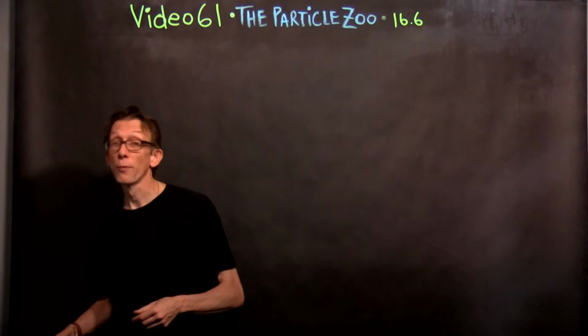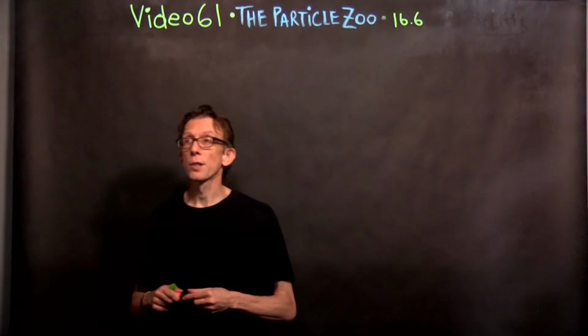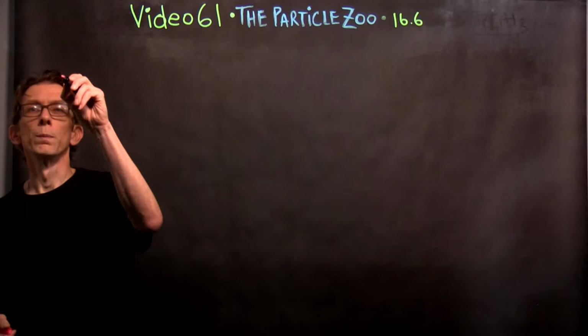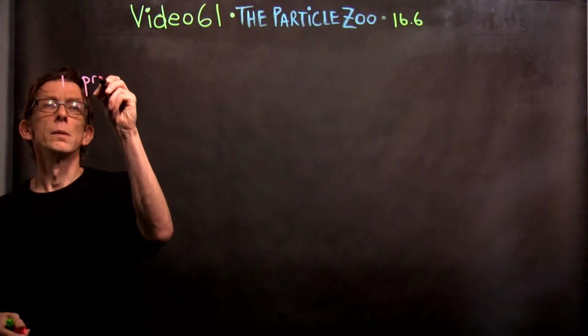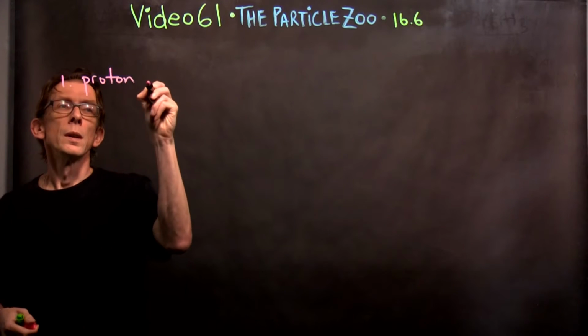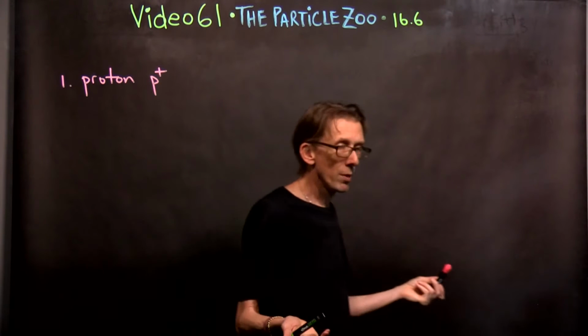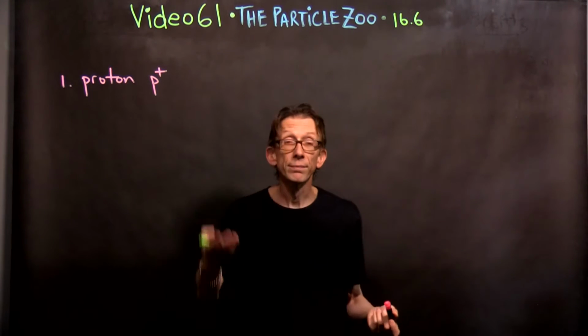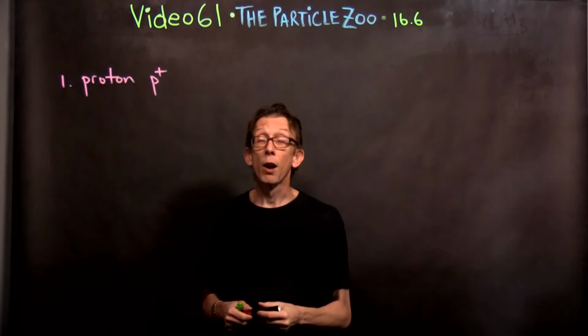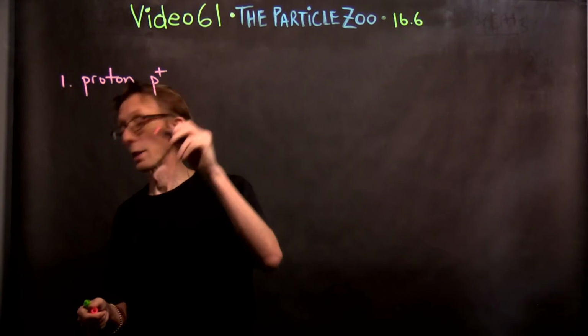So let's meet the members of the particle zoo. Number one, the proton. Symbol P+. It's positive, right? It's also quite massive.